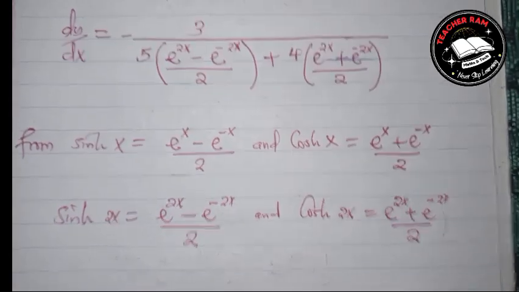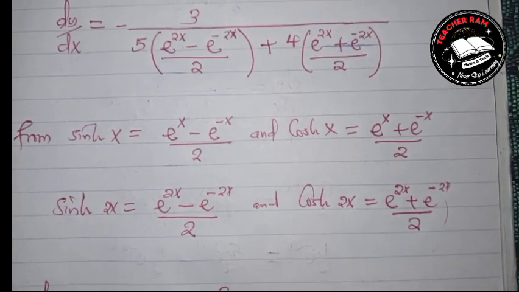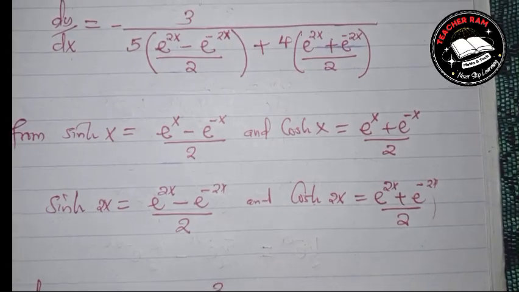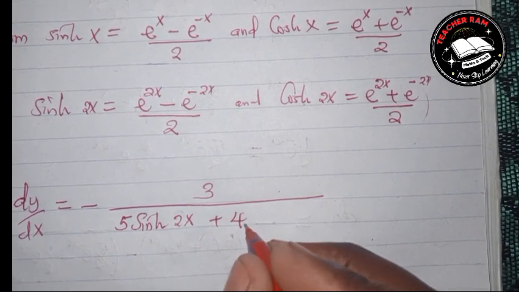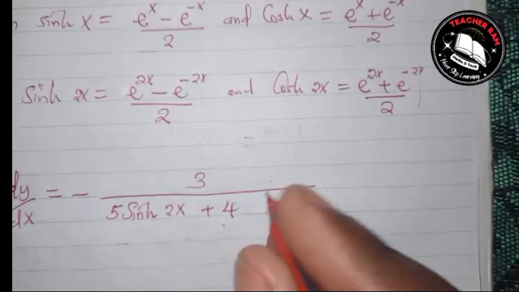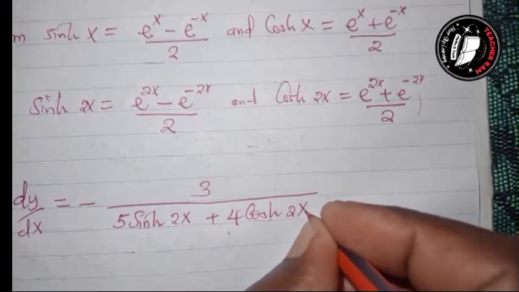This one is sinh of 2x, then plus 4 here. Again this one is the definition of cosh, so it will be cosh of 2x.